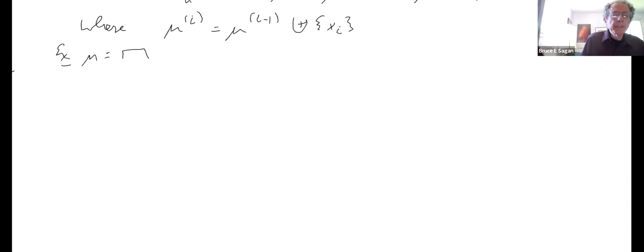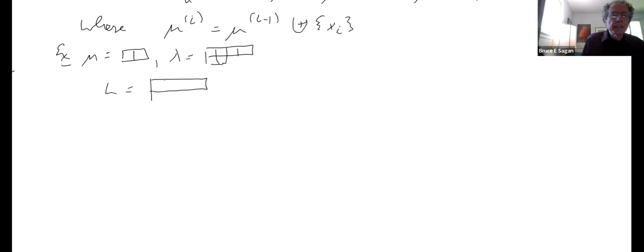So mu is this, lambda is this. And suppose we take the linear extension. Remember, a linear extension can just be viewed as a labeling of the boxes, which forms a standard Young tableau. Let's take this linear extension. What does the corresponding chain look like? Well, we start with this.